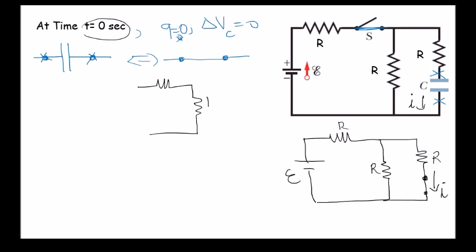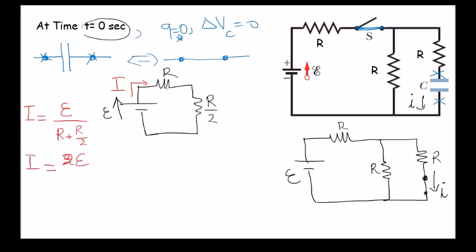What is the equivalent? R over 2. I can calculate the total current in the battery. That's E over the equivalent resistor here. The 2 resistors are in series, so R plus R over 2, E over 3R. That's the current in the battery.